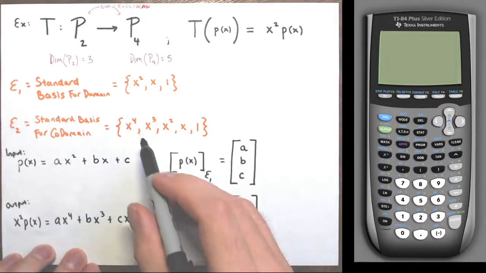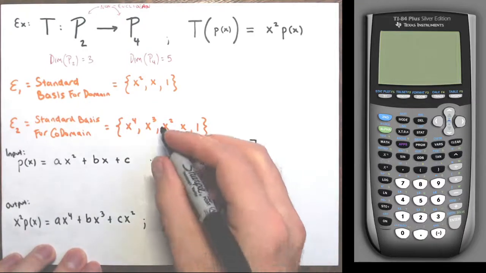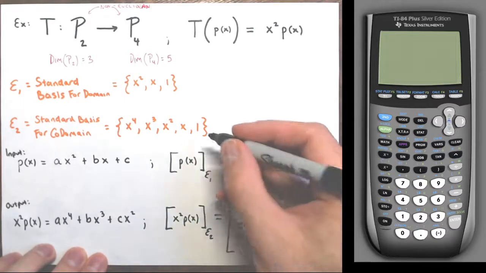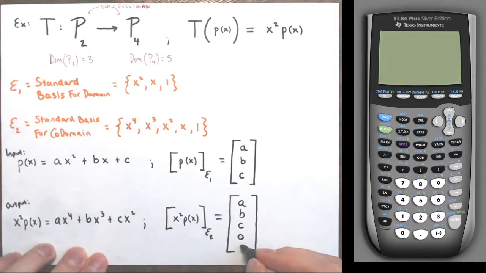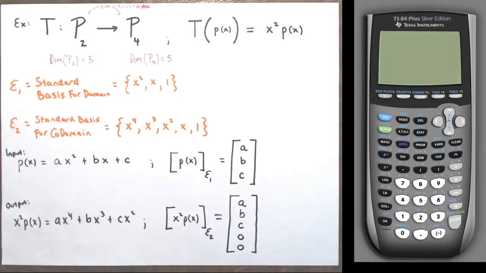Then the coefficient of x cubed, which is b, for the second component. The coefficient of x squared, which is c. The coefficient of x is 0. The coefficient of 1 is also 0. There's no constant term. So here's the output written as a coordinate vector.